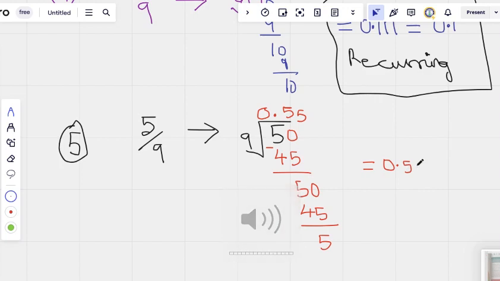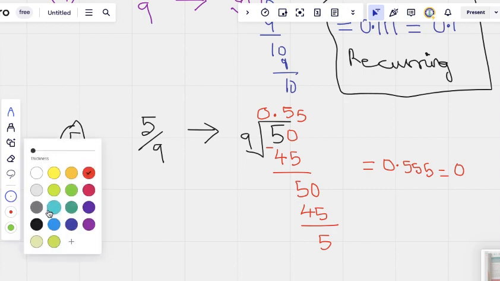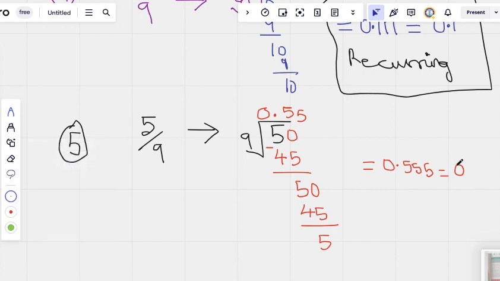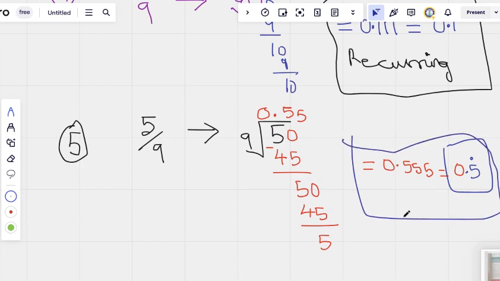It will continuously repeat itself, which we can simply abbreviate as 0.5 with a dot on top, instead of writing 0.555. So we can define this as a recurring decimal.